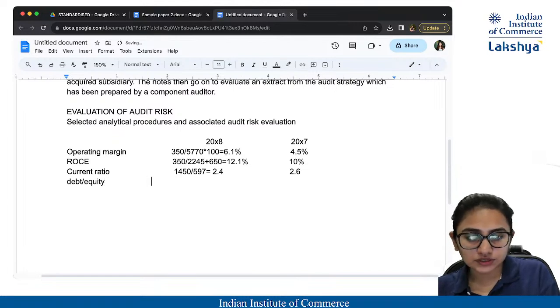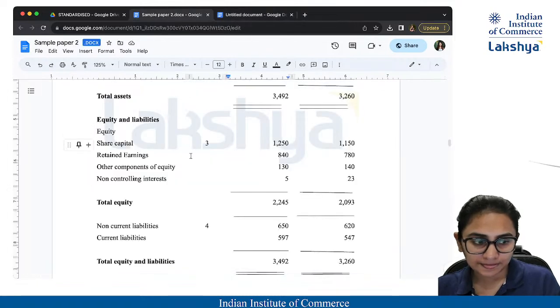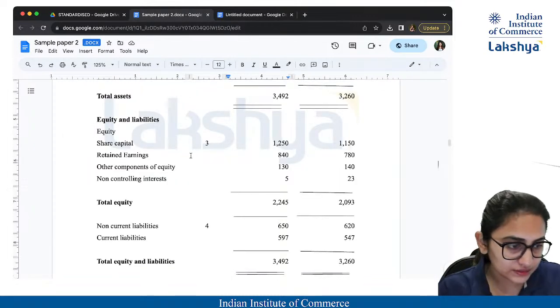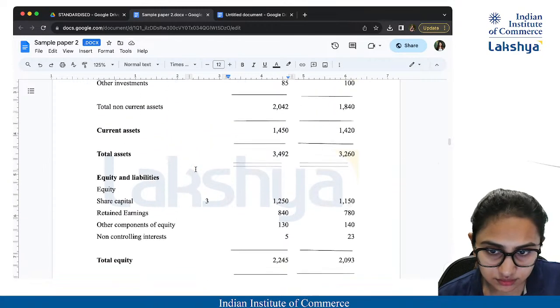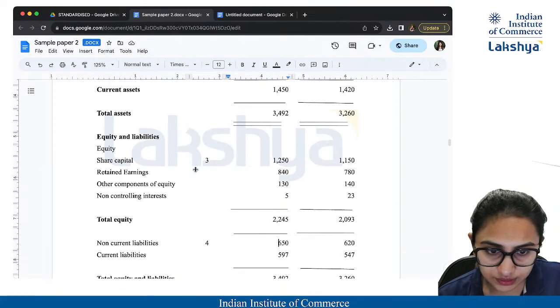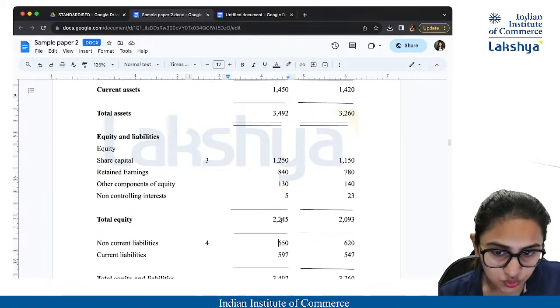Debt upon equity or debt upon debt plus equity, anything is correct. So you go there. Then your debt is on equity. So equity is 2245.